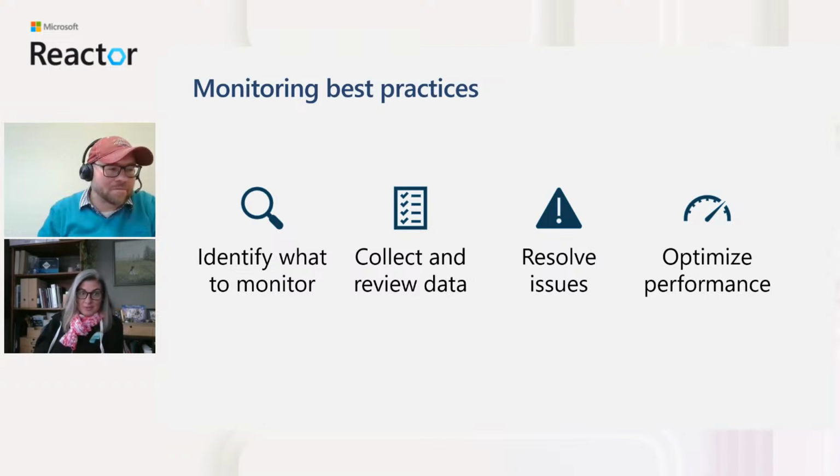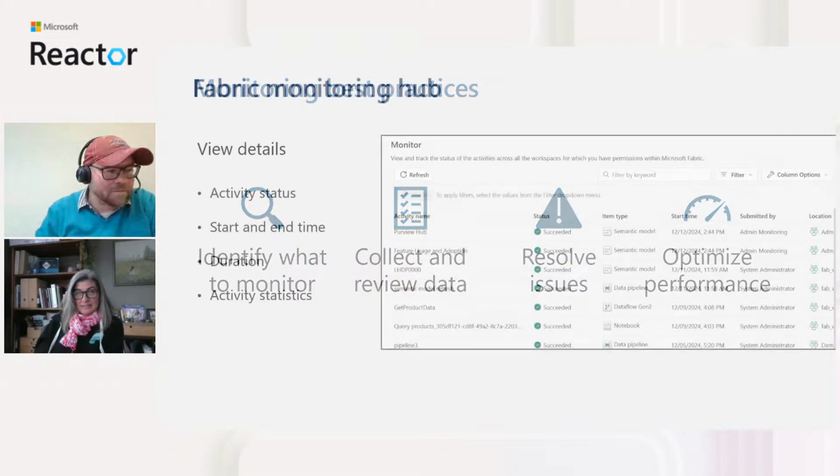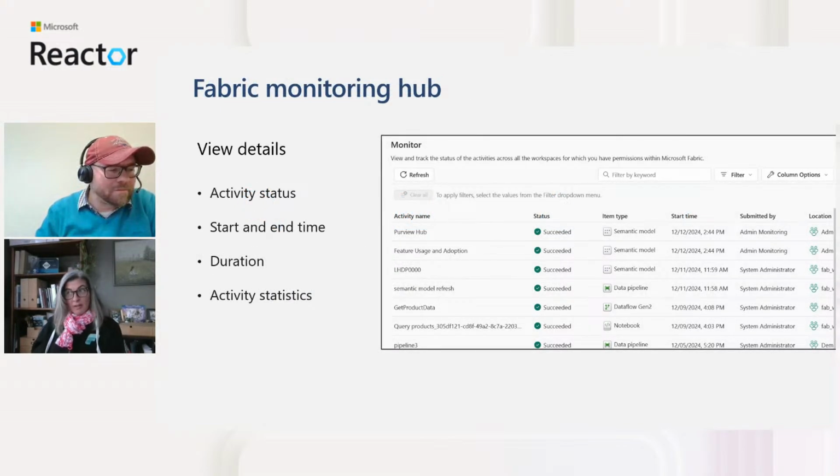So where do we do this? Well, Fabric has a lot of places. We don't have time to go into all the details of where you will be monitoring things within Fabric. I do think they're trying to consolidate and make it easier on us, but right now there are many places to look. There's the monitoring hub.